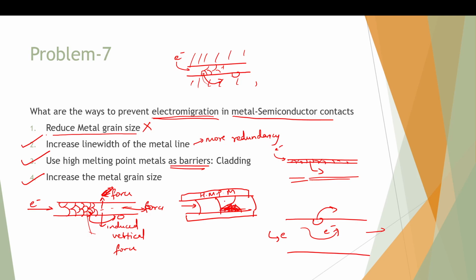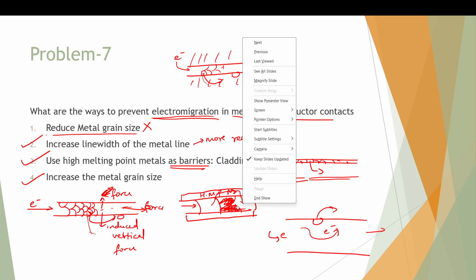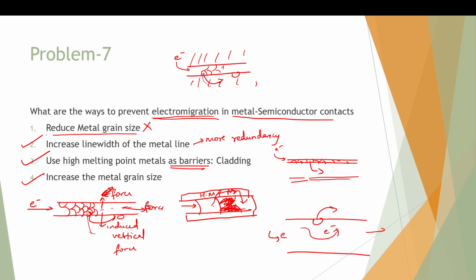The current can't pass through this, but the current can still pass through the barrier layer and go ahead. It is very unlikely that any of these grains will get knocked off, because this material has a very high melting point, so it is very hard and difficult for electromigration to occur in this material. So 2, 3 and 4 are correct options.